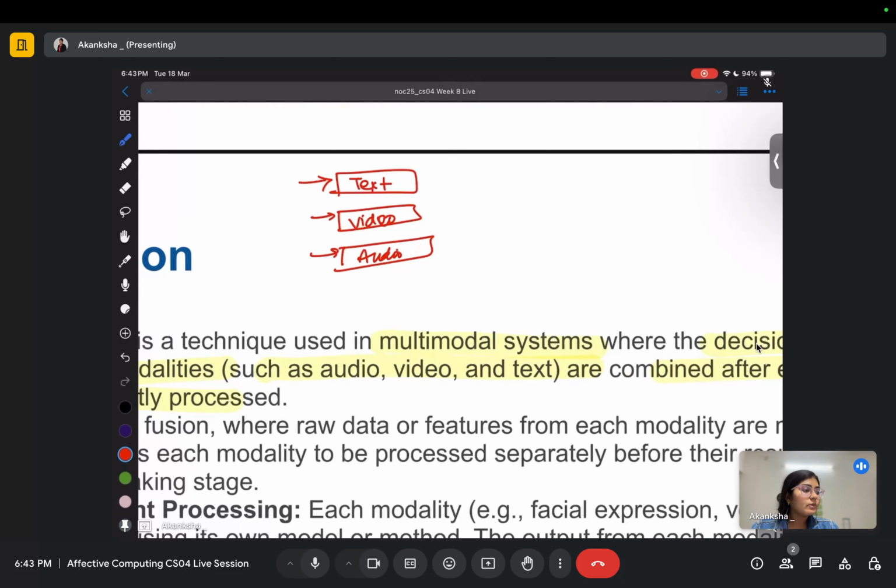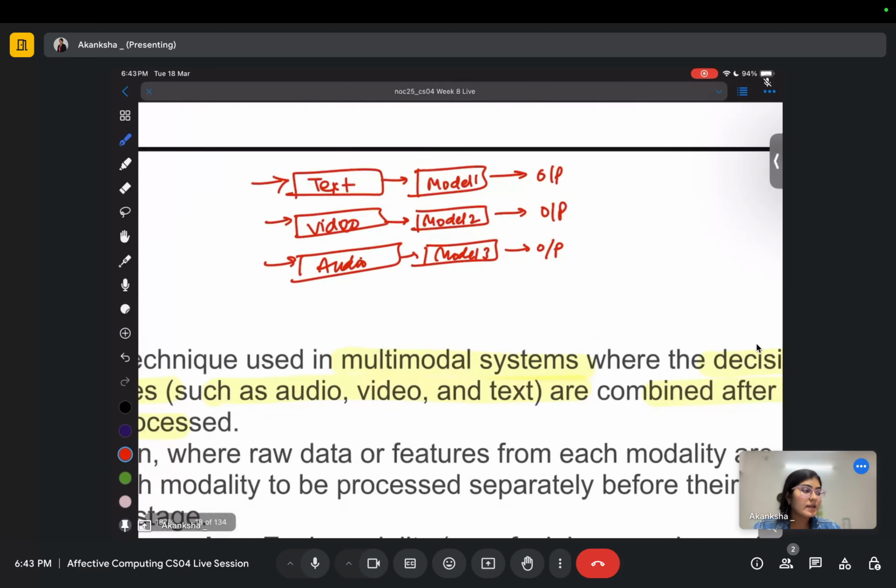Now this will be passed through a different model, like model 1, model 2, model 3. It will give you some kind of output. Now we have different methods to combine these. Let's say my task is emotion recognition, right? So I need to tell if the person is happy or sad.